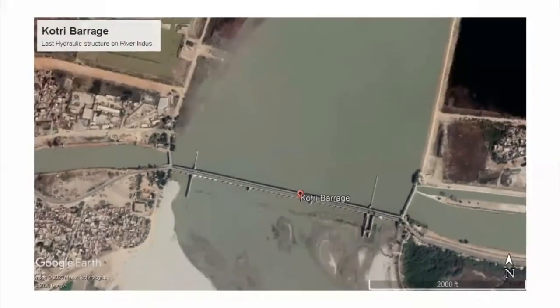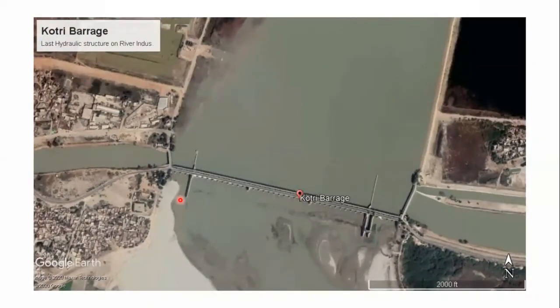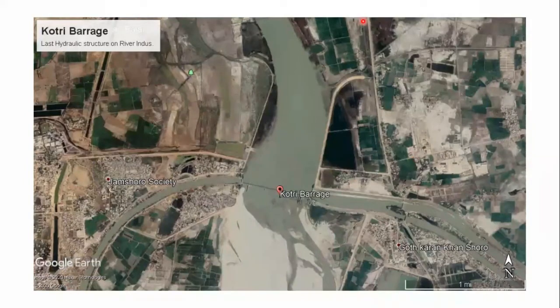Also, if you see the left and right bank along the barrage, there are canals. The canals are off-taking on the left and right side of this barrage.